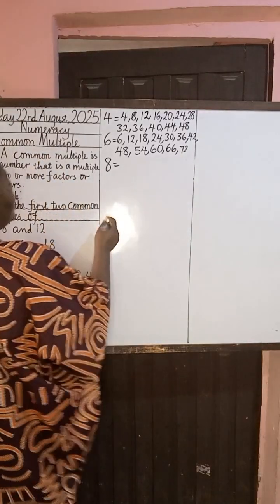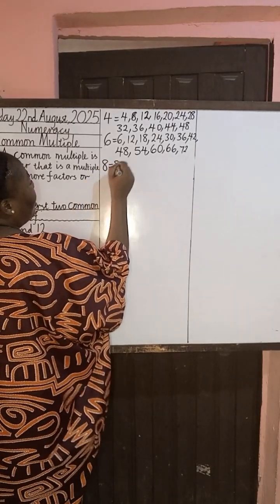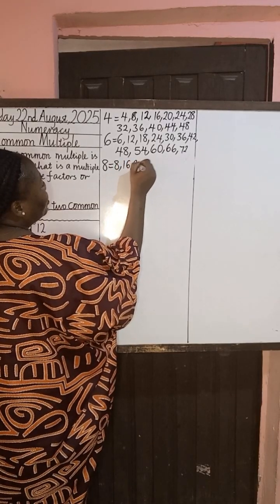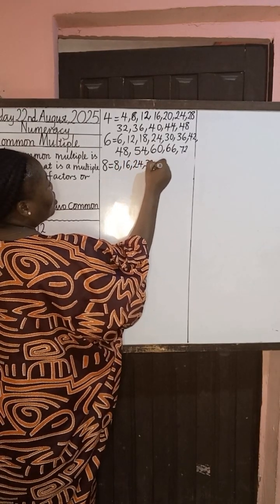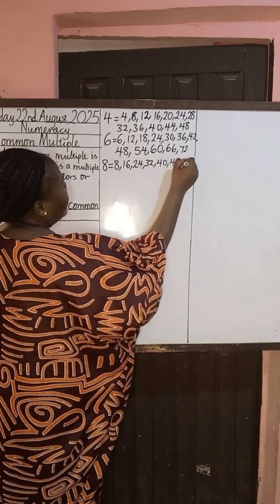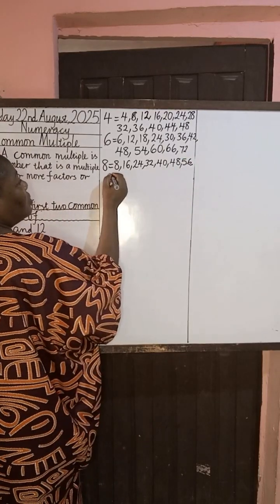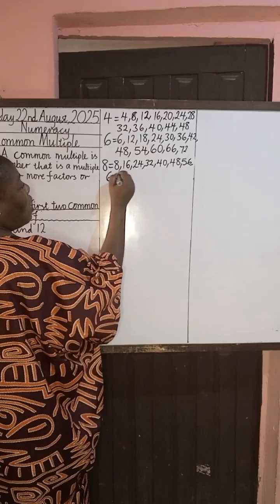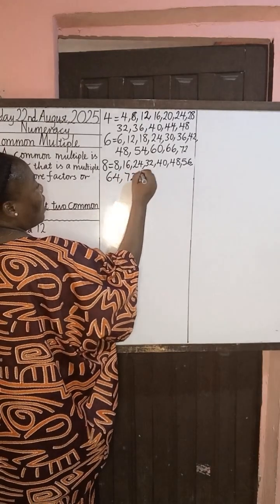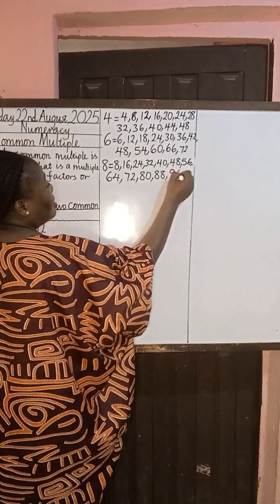Then for 8, I have 8, 16, 24, 32, 40, 48, 56, 64, 72, 80, 88, and 96.